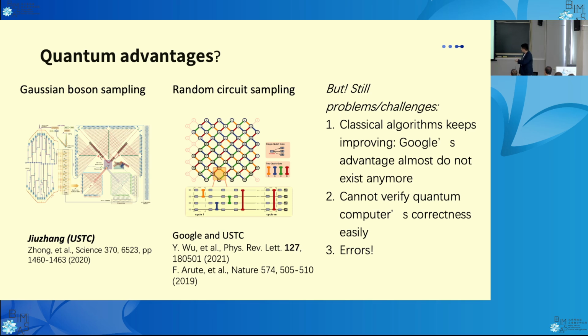These algorithms are already exceeding some of these previous results. And the second problem is that because we have such low correct rates, we cannot verify which results are correct once you're beyond classical tractability. This is a bit like the English science fiction Hitchhiker's Guide to the Galaxy.